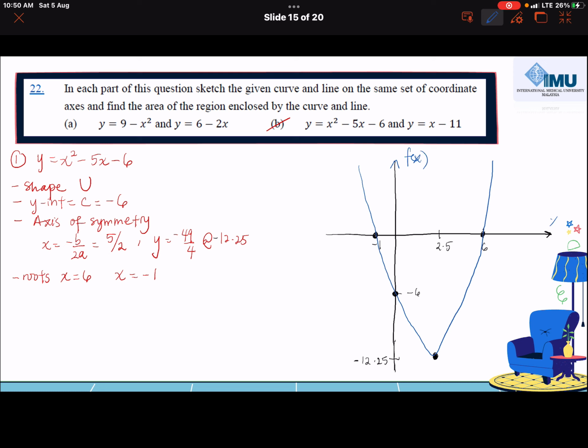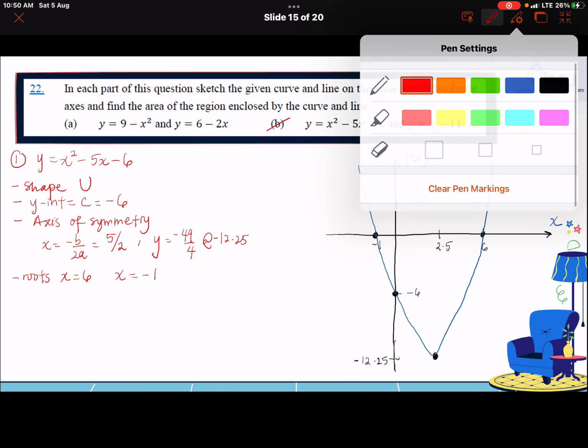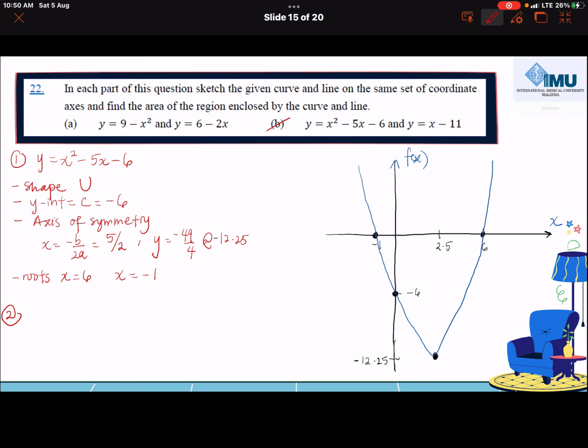Now, we have another equation here, which is a linear equation, y equals x minus 11. Very simple. For a linear equation, you just simply need to find the x-intercept and y-intercept. What happens when your x equals 0?